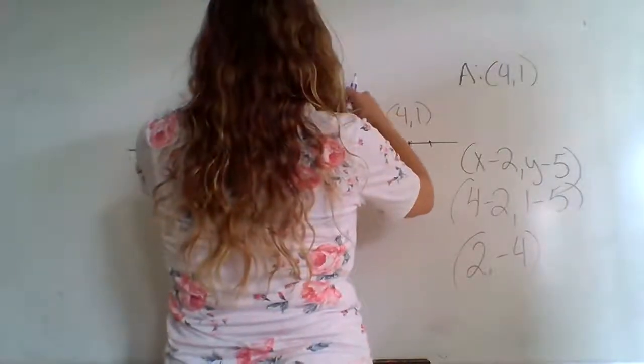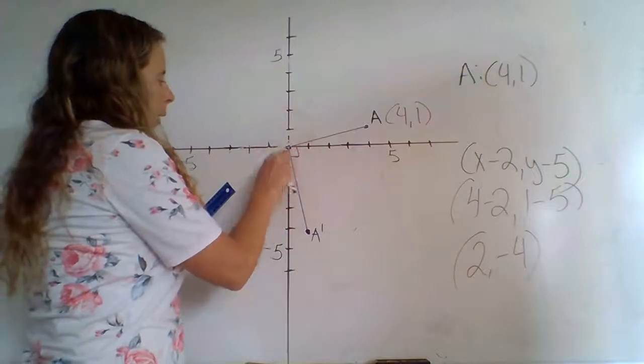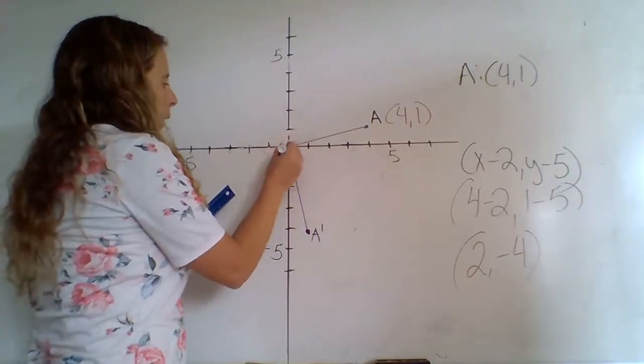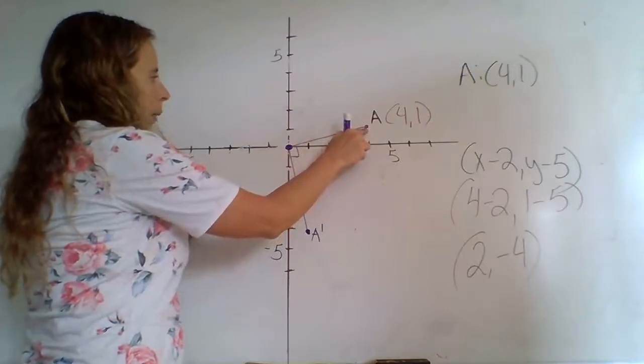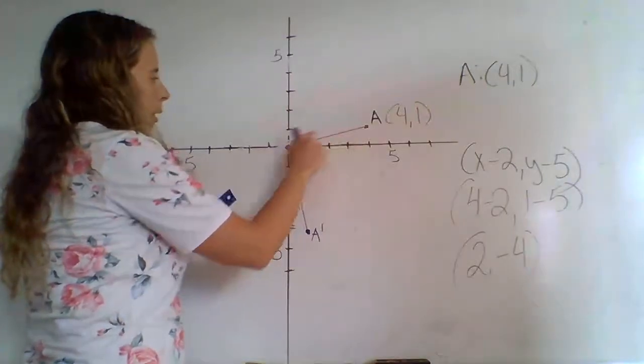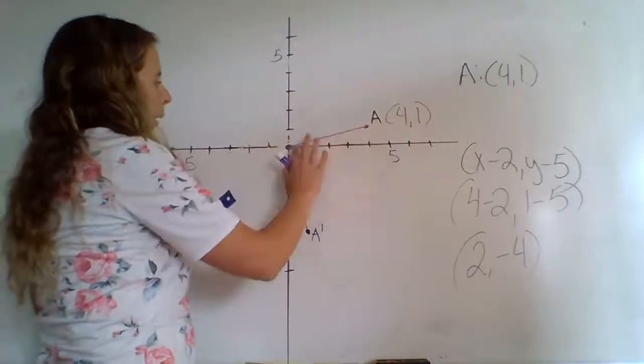First of all, you would draw a line. We can ignore this line. You draw a line from your point of rotation, which is the origin, to the point. I'm going to rotate this point 180 degrees. Just like we did when we were rotating 90 degrees, connect these two.